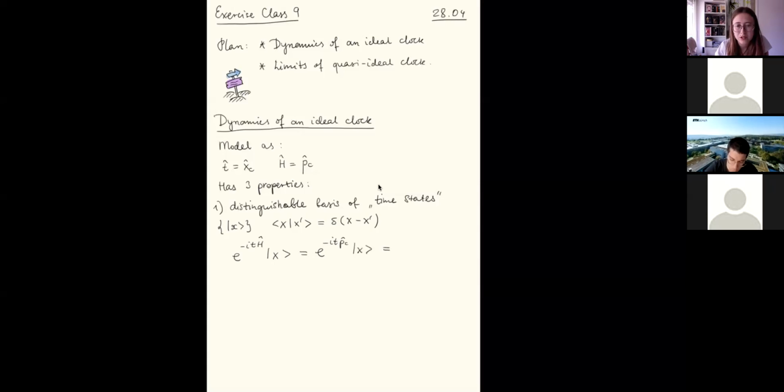And this operator, due to having this momentum operator in the exponential, acts as a translation. So from state x, we arrive at the state x plus d, because this is how we would usually write the spatial translation operator, which moves the state x to the state x plus d.